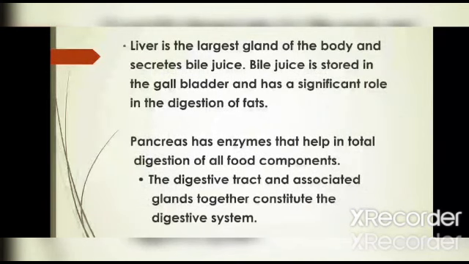Liver is the largest gland of the body and secretes bile juice. Bile juice is stored in the gallbladder and has a significant role in the digestion of fats. Pancreas has enzymes that help in total digestion of all food components. The digestive tract and associated glands together constitute the digestive system.